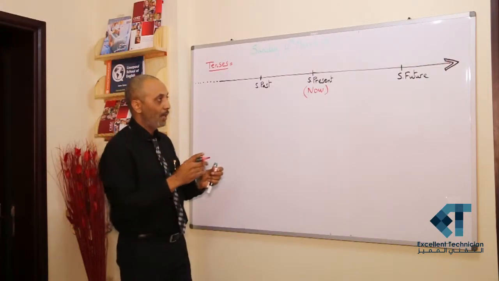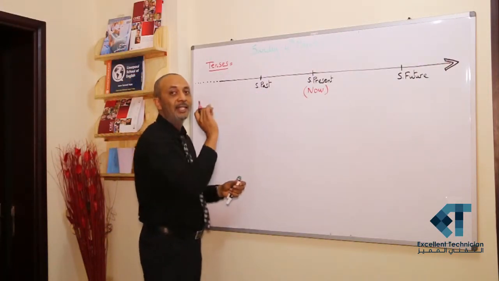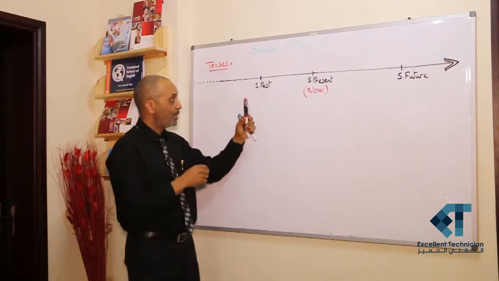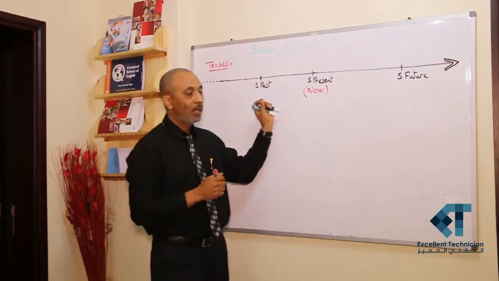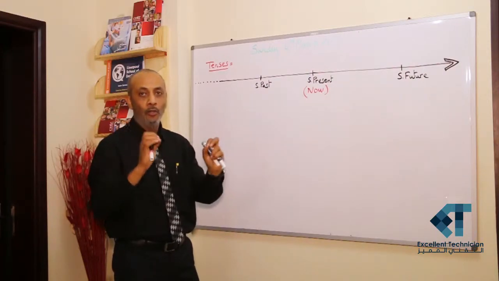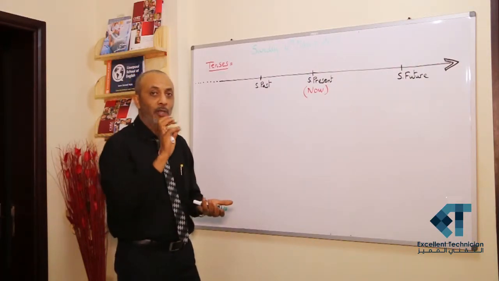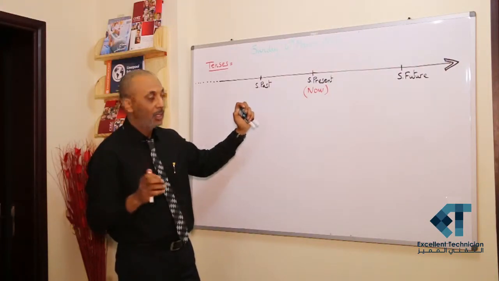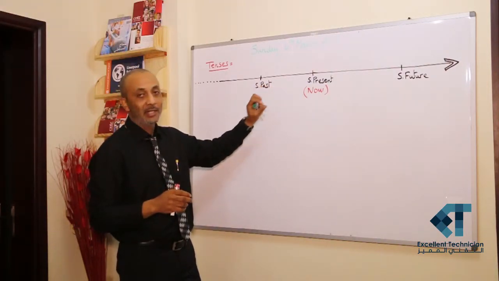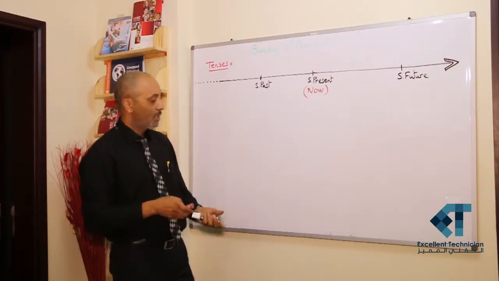In English language, we have only three simple tenses: simple past, simple present, and simple future. Each one of them has got a rule of how to put the verb, any verb, with some exceptions of course, in these tenses. We start with the simple past.